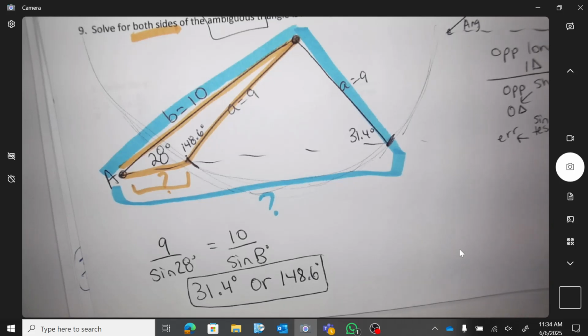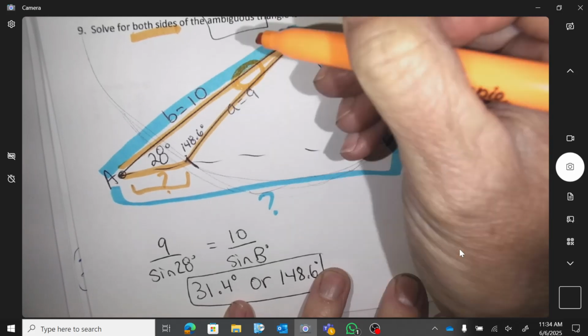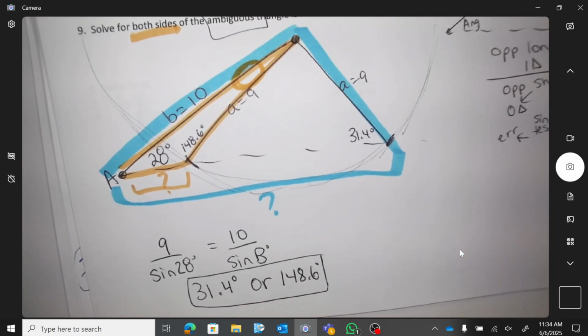Okay, so now I'm ready to go to my top angle. So my orange top angle, so we got the 28, the 148.